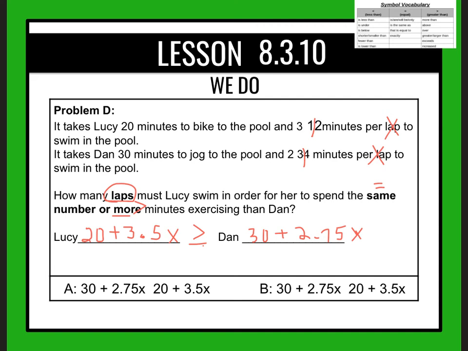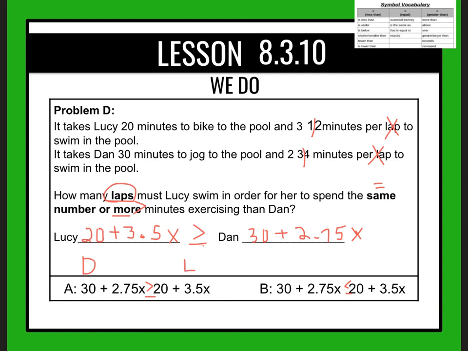All right, so let's go ahead and look at these two. I don't know why my inequalities aren't coming out, but this was the first one. I apologize for that. And this is the second one. So I can see here that they are comparing Dan right here and Lucy. So let me just check their expressions.